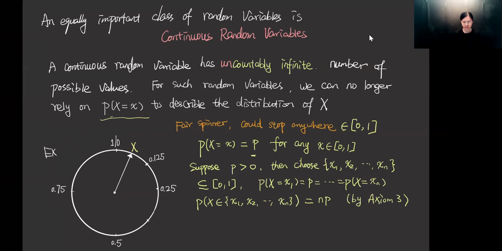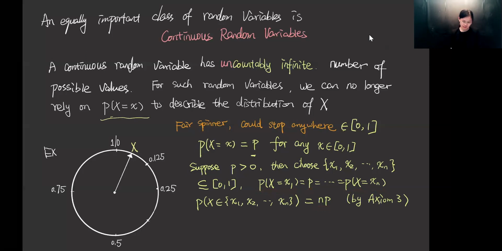Because the events that x equals each of these numbers are disjoint, and the probability of the union of these events, which is the event that x belongs to the set of the n points, should be the sum of the probabilities that x equals each of the points, which is P by definition. Therefore, that probability should be nP.